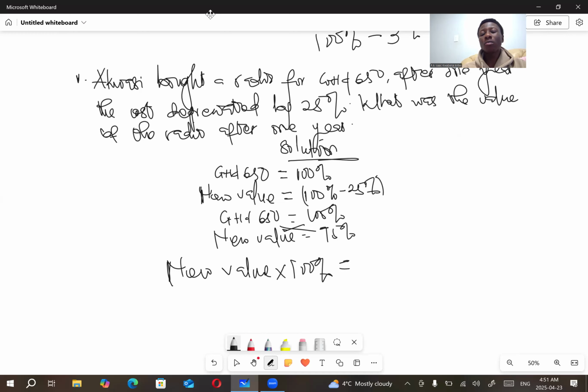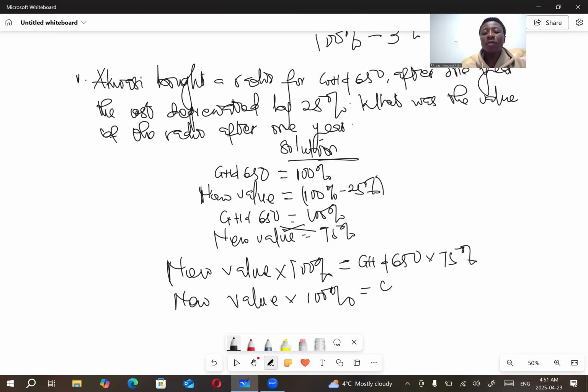This is a proportion. So it's equal to 650 times 75, or the other way around, 75% times 650, anyhow. Then at this juncture, you would have to divide by whatever is attached to the variable.